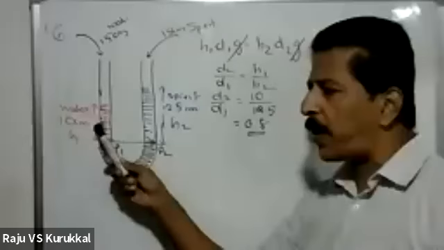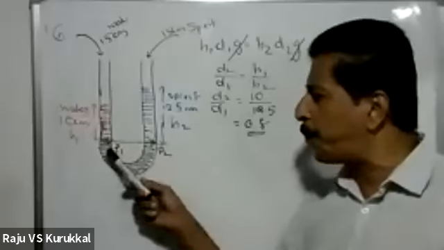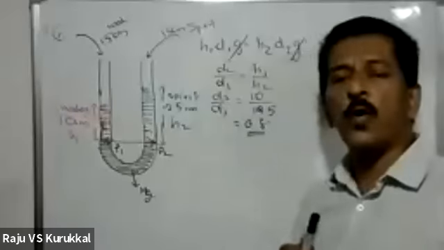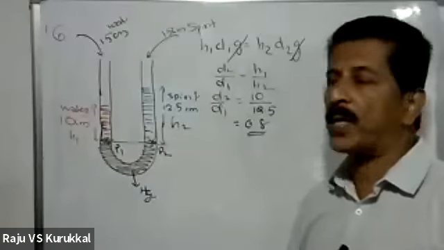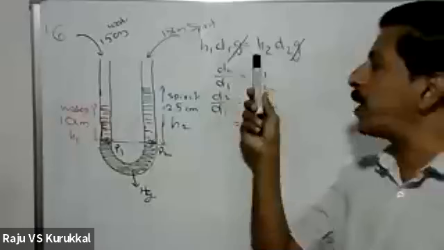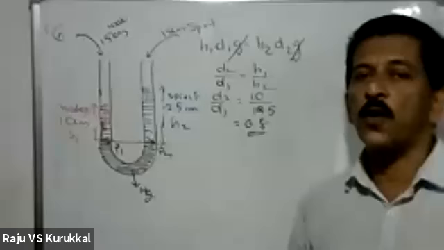It is a U-tube. In the U-tube, this is the water column and this is the spirit column. These water column and spirit column are separated by mercury. The height of the water column is 10 centimeter and the spirit column has a height of 12.5 centimeter. Then pressure at the same horizontal level: H1 D1 G here, and here it is H2 D2 G. Relative density of spirit means density of spirit divided by density of water.